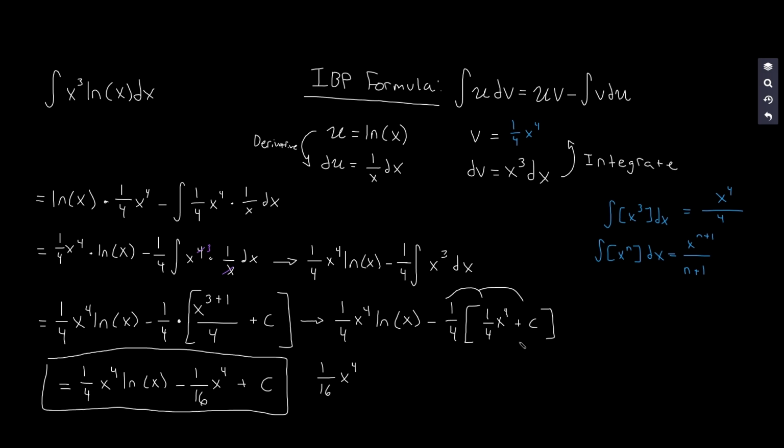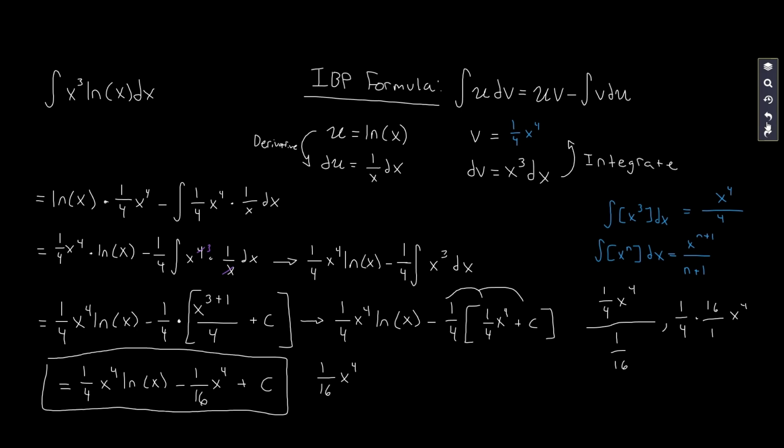Because if I have 1/4 times x raised to the fourth power, and I divide it by 1/16, well, I'm going to reciprocate, and I'm going to have 1/4 times 16 over 1 times x raised to the fourth. And well, the 16 and this 4 are going to interact with each other.